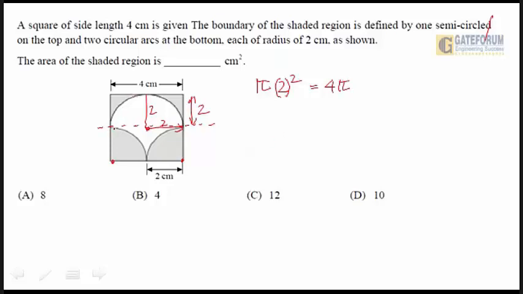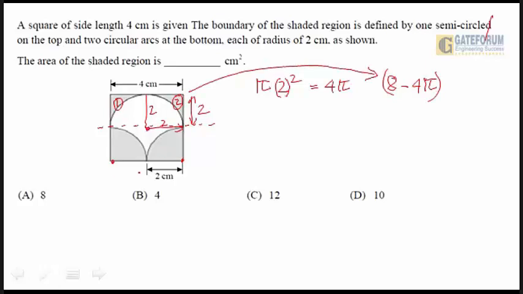Now this 4 pi, if it were subtracted from half the square, I would get these two shaded areas, part 1 and part 2. So the area of the square would be 4 into 2, that is 8. So 8 minus 4 pi is the area of this shaded portion.